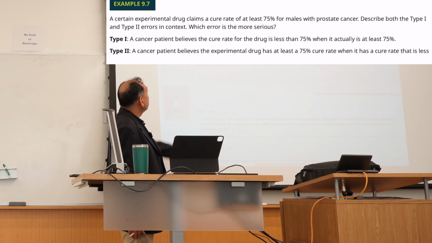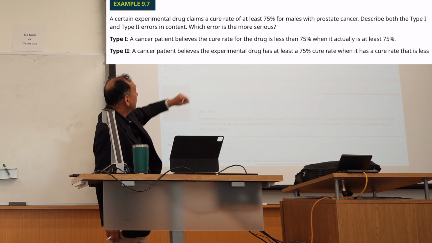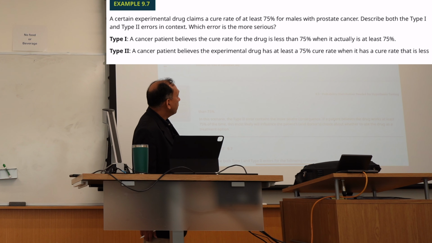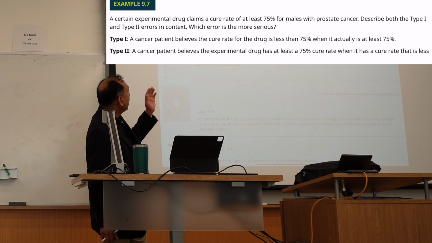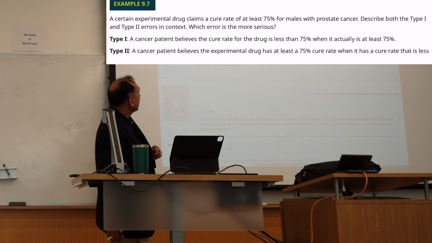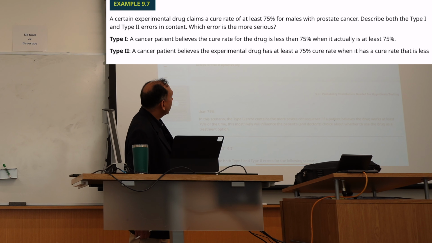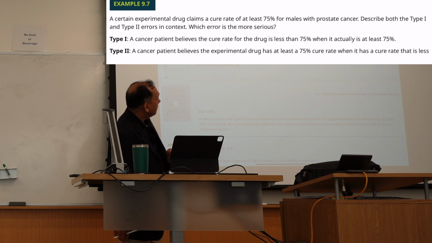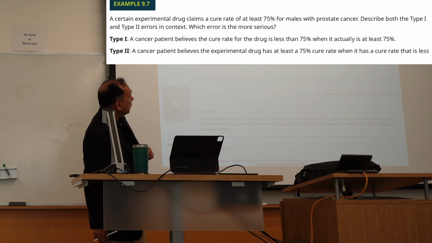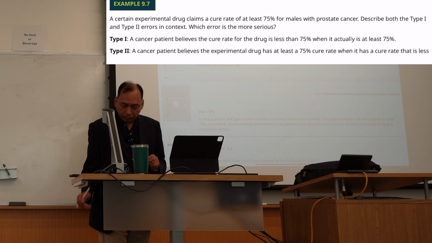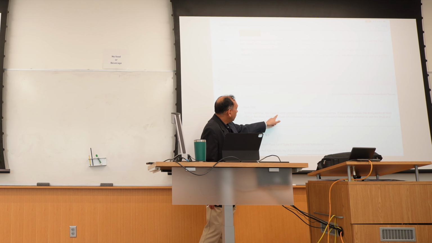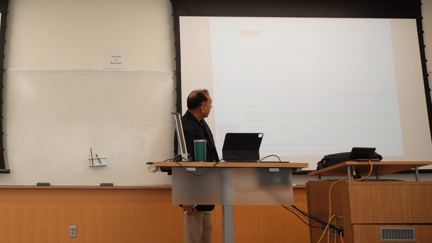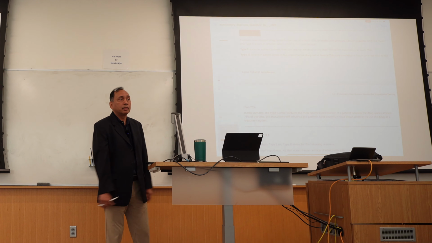Type 1 error is a cancer patient believes the cure rate for the drug is less than 75% when it is actually at least 75%. And type 2 error is a cancer patient believes the experimental drug has at least 75% cure rate when it has a cure rate of less than 75%. And clearly in this scenario, type 2 error has more severe consequences, just like the previous situation.